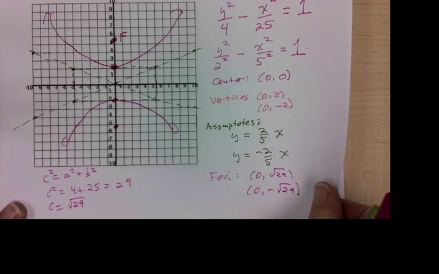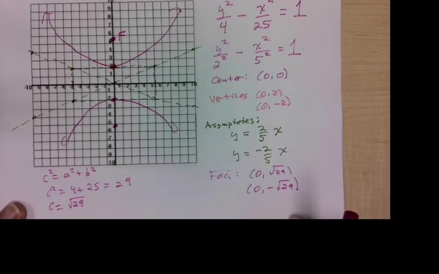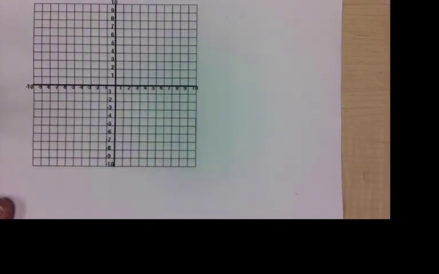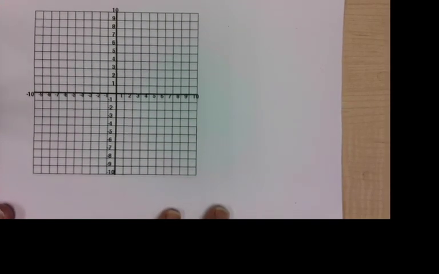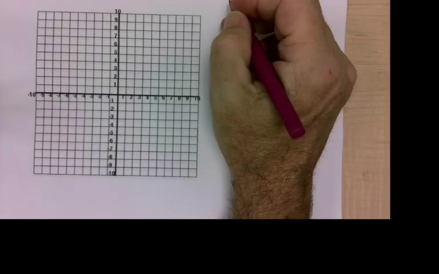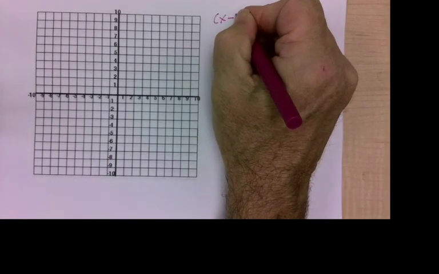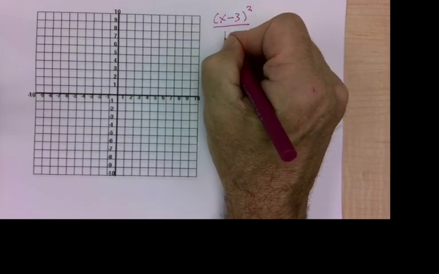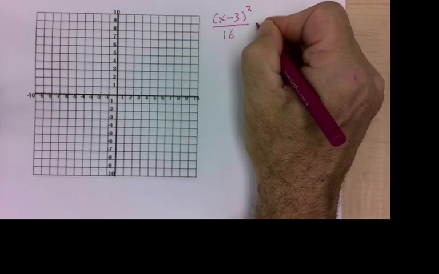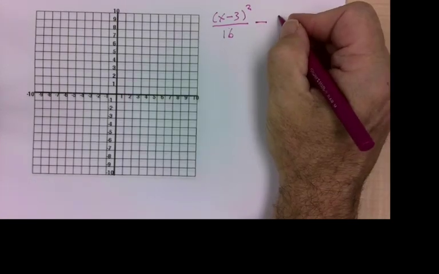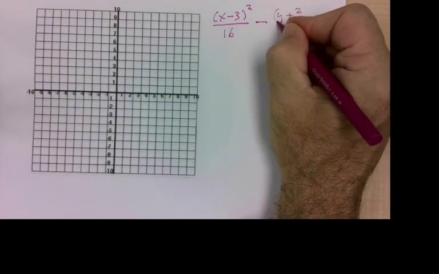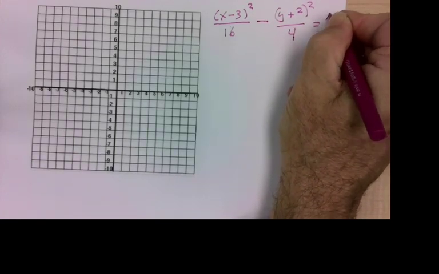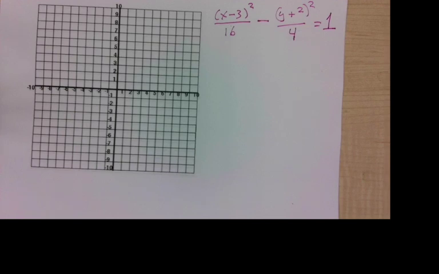Let's go ahead and do one more. This time we will move the center off of the origin. So if I have x minus 3 squared over 16 minus y plus 2 squared over 4 equals 1.